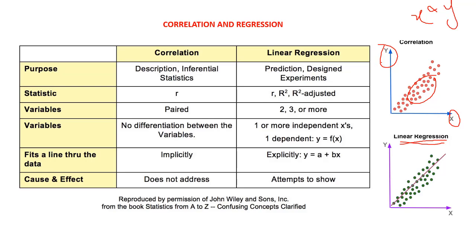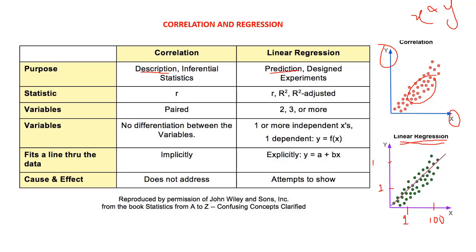So here the purpose is description, just to describe. And if I want to predict, then I have to take linear regression. So here the prediction will take place. Suppose I want to check that at x equals 1, I have y equals 1, then I can predict that at x equals 100, y will also come as 100.